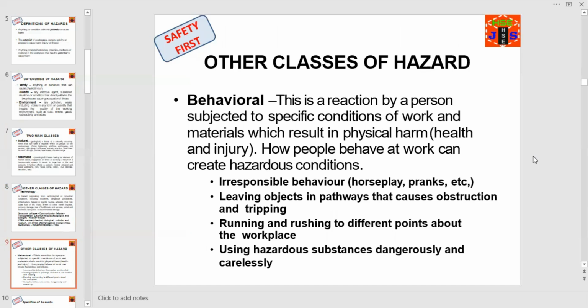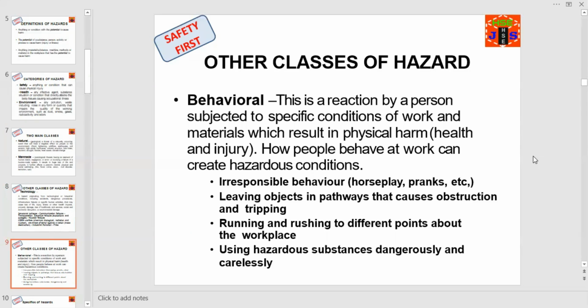Another class of hazard is behavioral. This is a reaction by a person subjected to specific conditions of work and materials which results in physical harm, health issues, and injury. How people behave at work can create hazardous conditions.